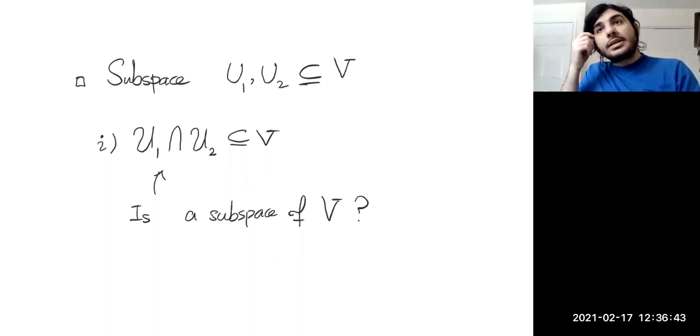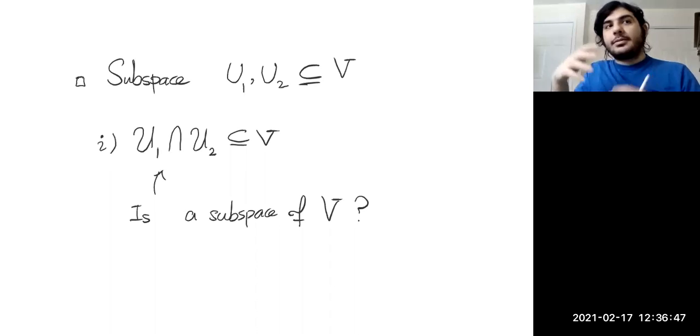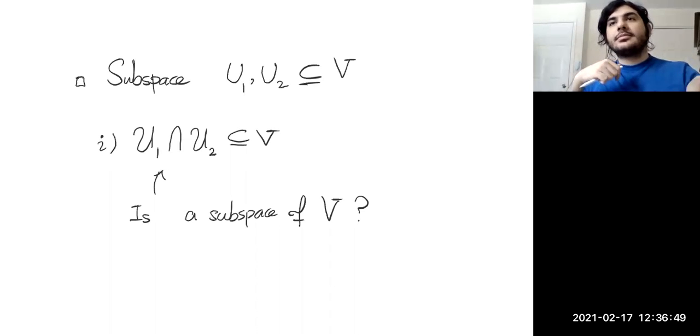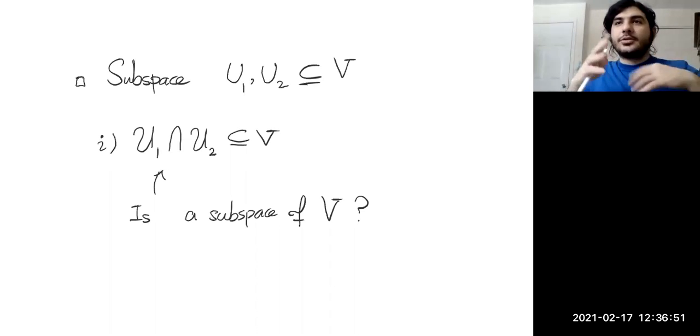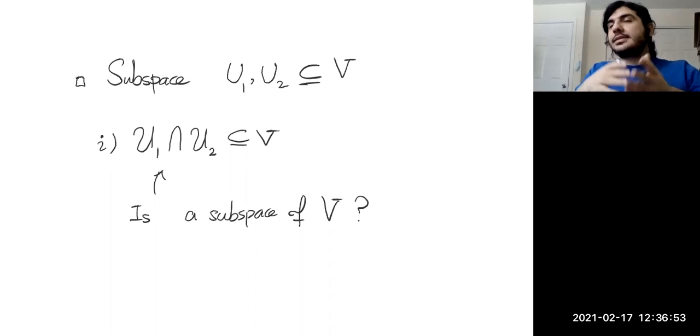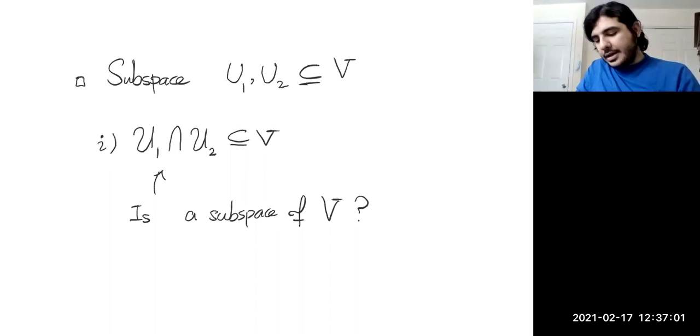So remember, what is the definition of a subspace? We had some different things. It should be a vector space itself. It should be closed under the addition and scalar multiplication. So that's the case. So for example, let me just write down a few of them.